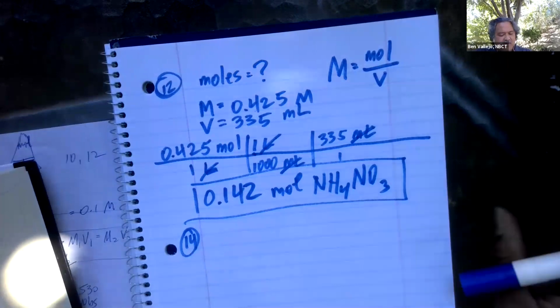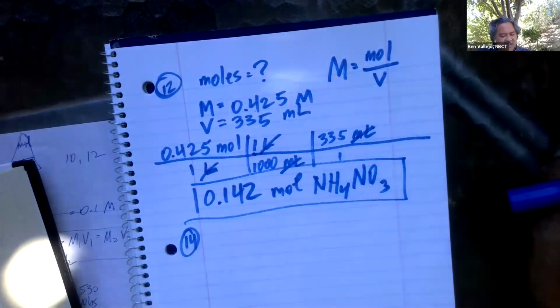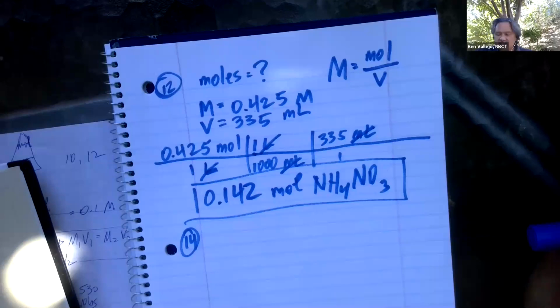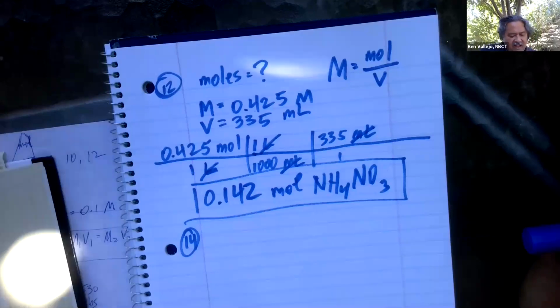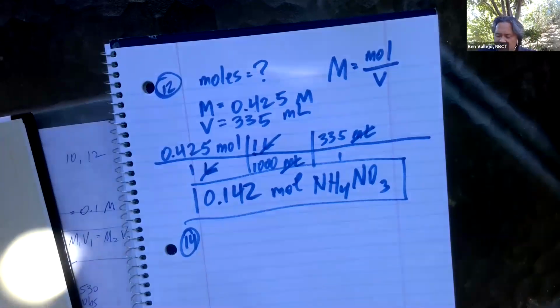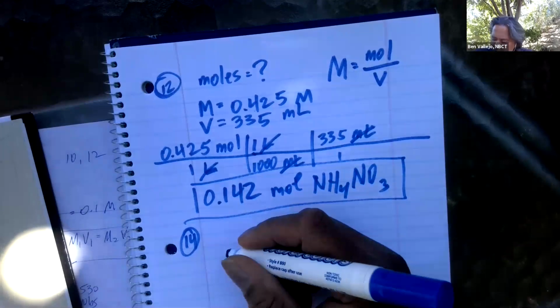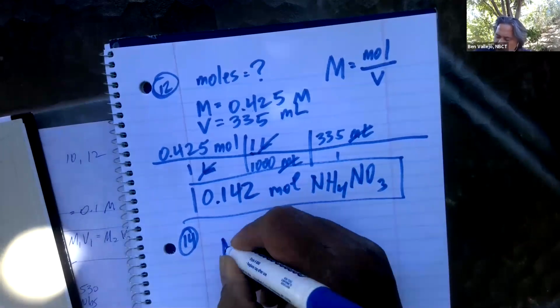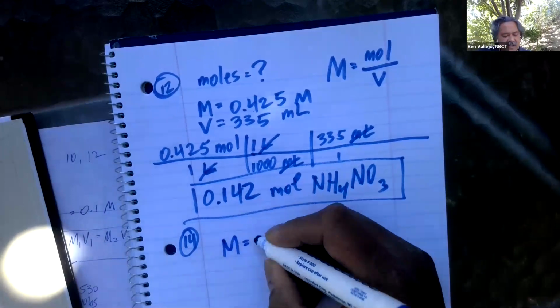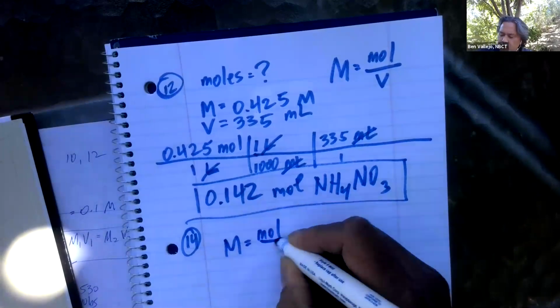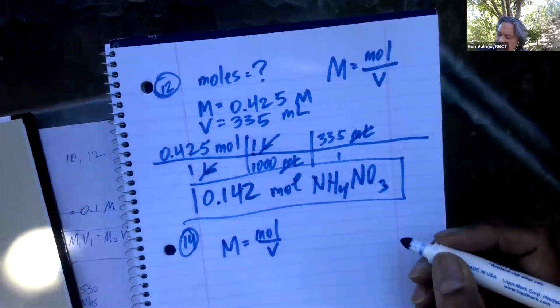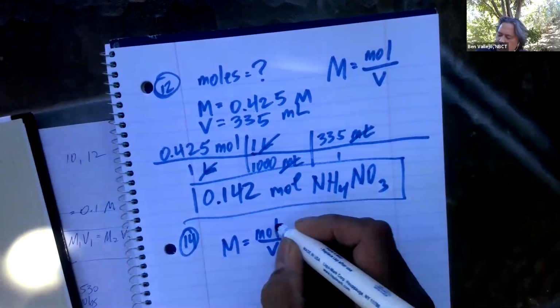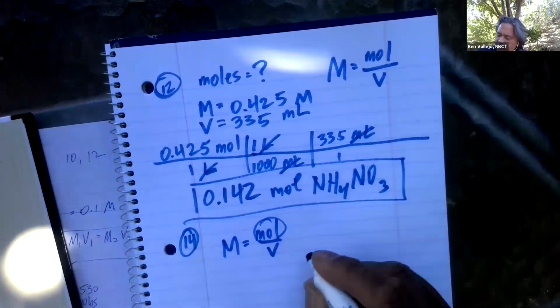But before we do number 14, you need to take a look at the reasoning behind it. What we have to do is manipulate this formula. Remember, molarity is equal to moles over volume. Now, if you're trying to find moles of solute, then moles are going to be molarity times volume.